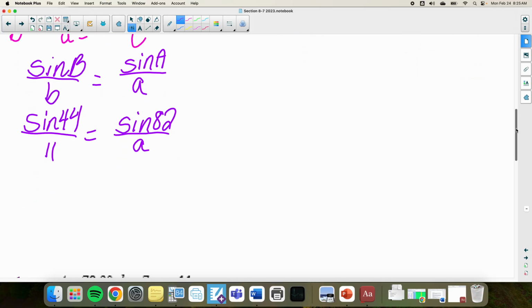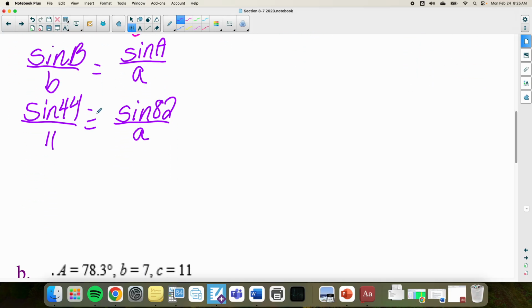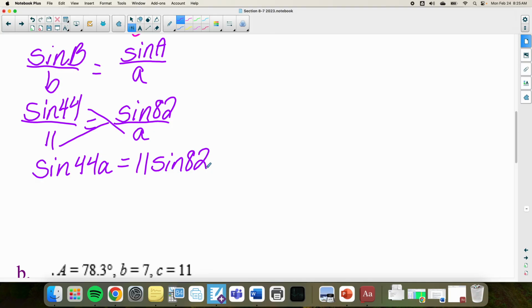And then I'm going to do cross products. So here I have sine 44a equals 11 sine of 82. Now this is sine of 44 times a, so I'm going to divide by sine of 44.